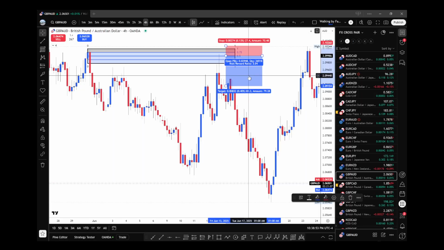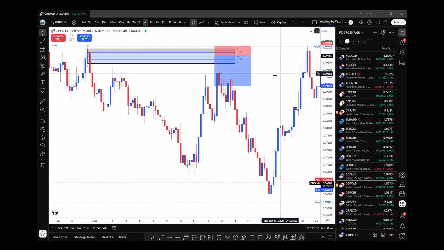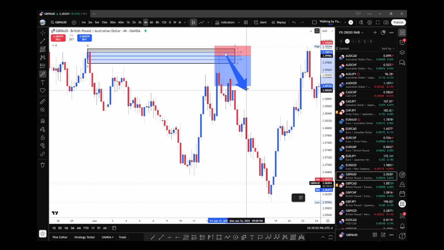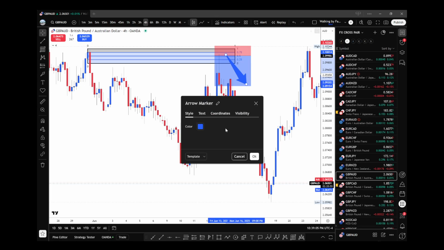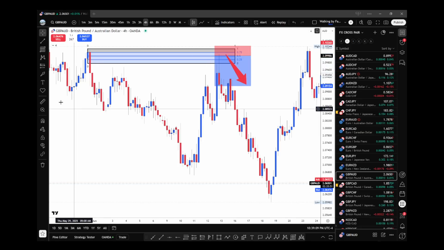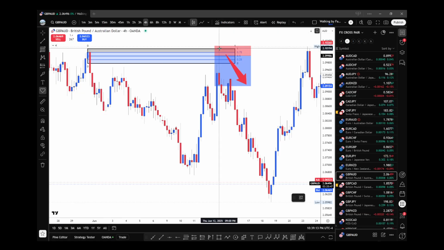Look at how price came up. It wicked our 50% and dropped down to our take profit. You see that? Beautiful, beautiful, beautiful. Wick entry right here, and then it dropped down to our target.